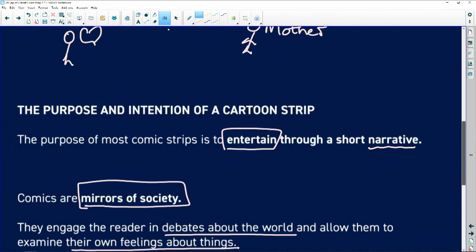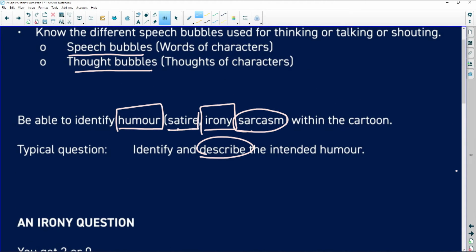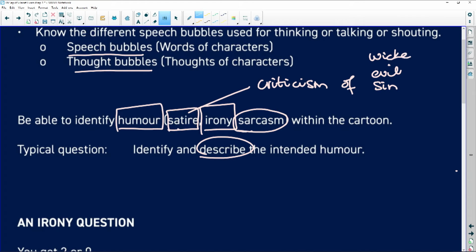Now, where do cartoons not laugh gently? When they are satirical. And satire is when we criticize, it's criticism of sin, of evil, of wickedness. But the whole point is that we use humor. We are not saying that that sin or that evil or that wickedness is funny.